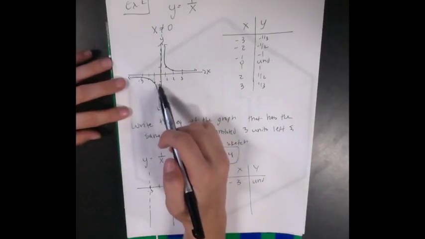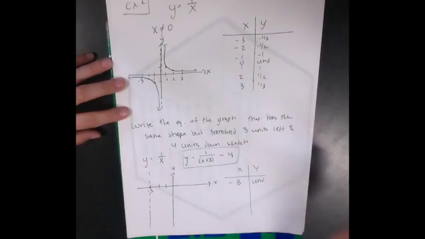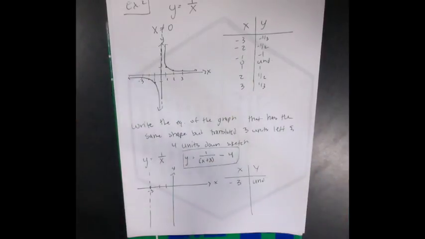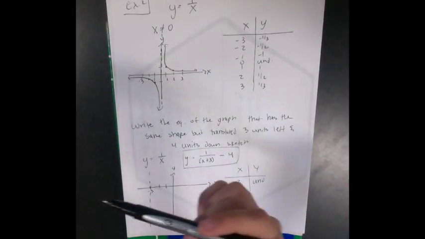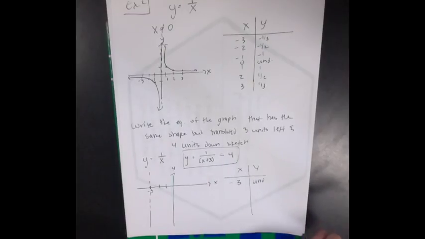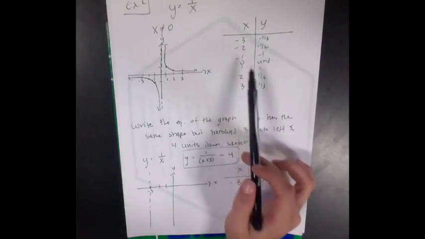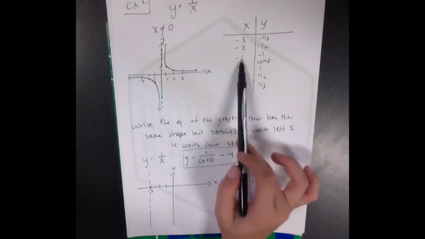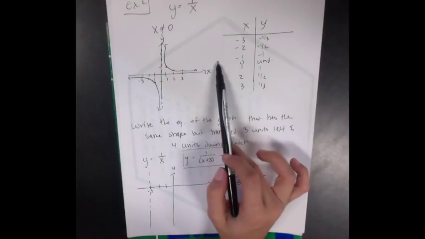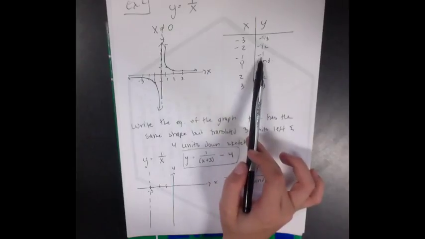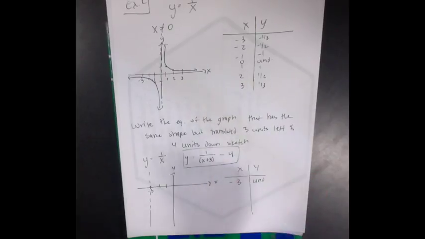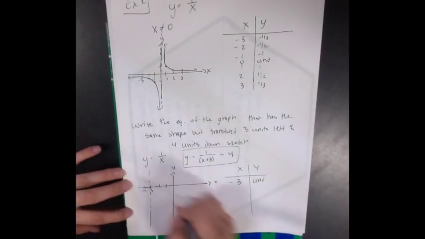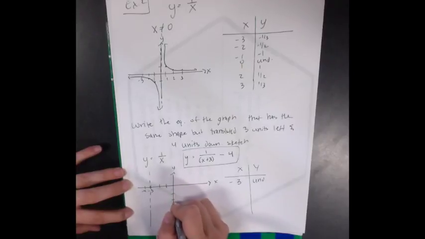Now my values were moved to the left by 3 and down 4. So I take each of my points that I have, -1, -1. -1, I move it to the left 3, which gives me -4. And then -1, I move it down 4, which gives me -5. So at -4, I'm at -5.